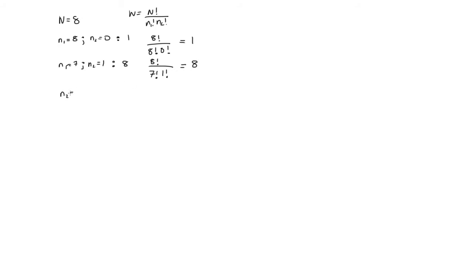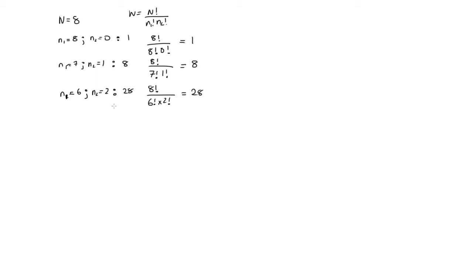Okay, then the next configuration, we've got n1 is equal to 6 and n2 is equal to 2. And in that case, let's calculate it. We've got 8 factorial over 6 factorial times 2 factorial, and solving this on the calculator we end up with 28.